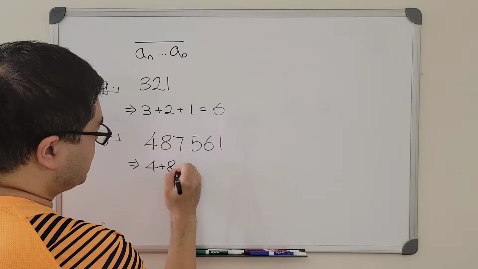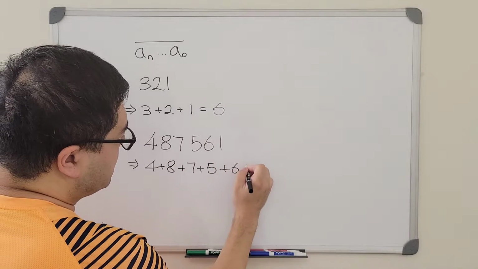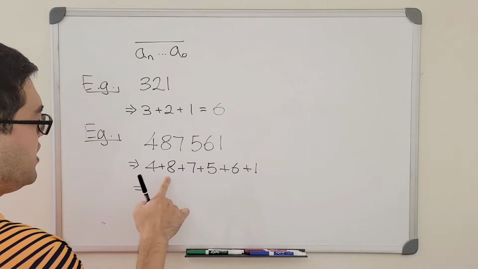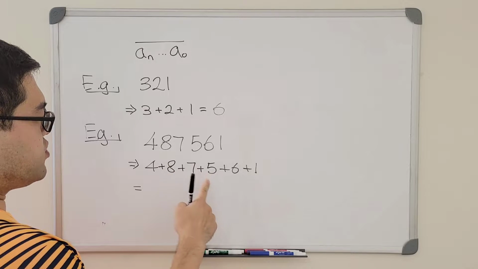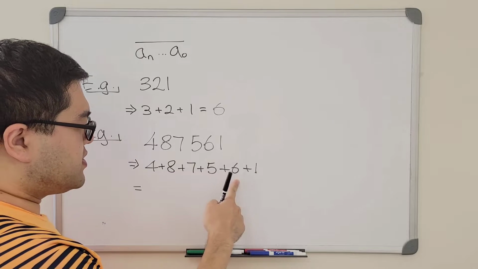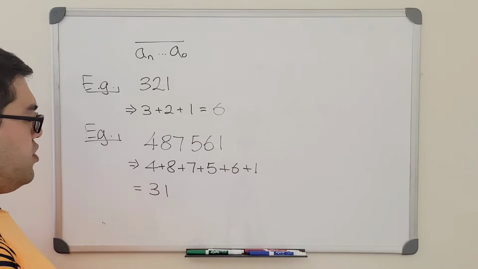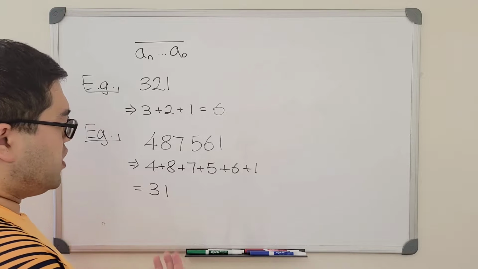We get 4 plus 8 plus 7 plus 5 plus 6 plus 1. Okay, let's see. So 4 plus 8 is 12, 7 plus 5 is also 12, 12 plus 12 gives us 24, plus 6 is 30, plus 1 is 31. So 31 is clearly not a multiple of 3.